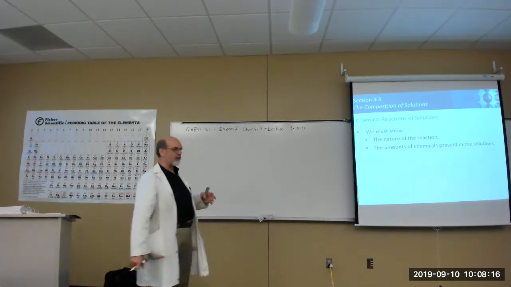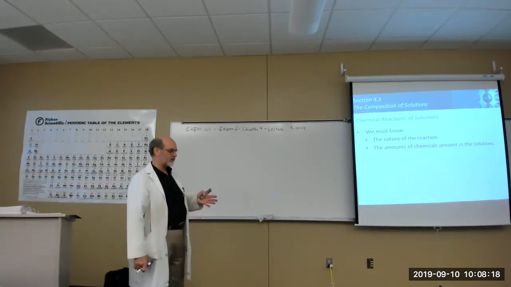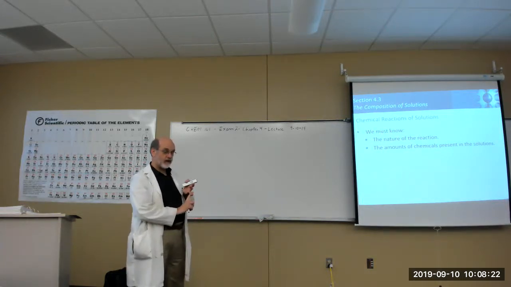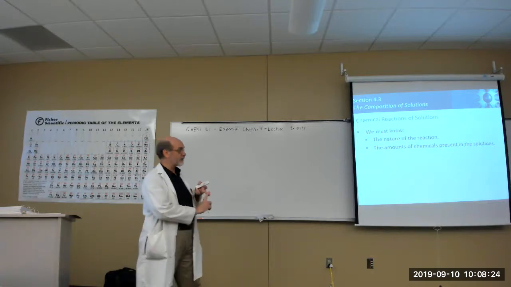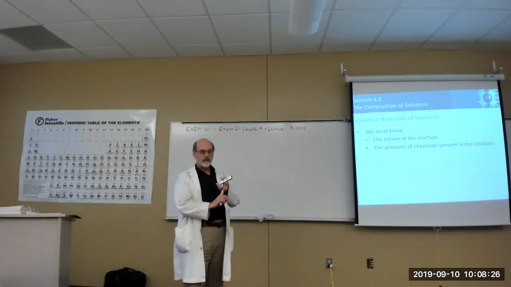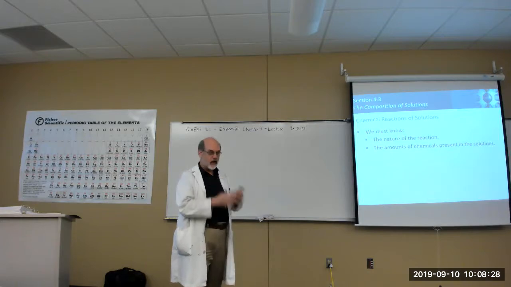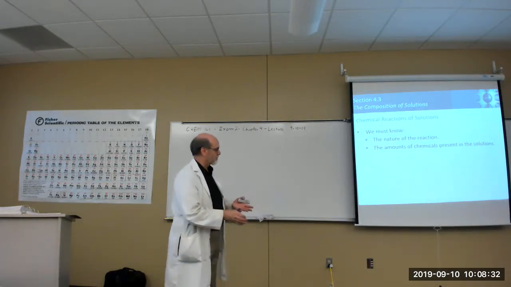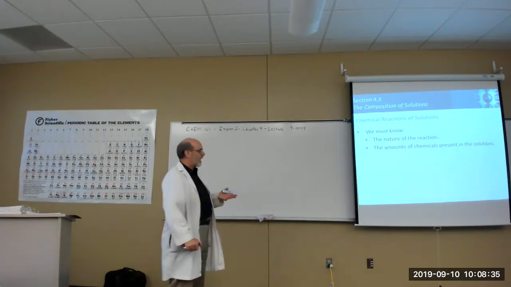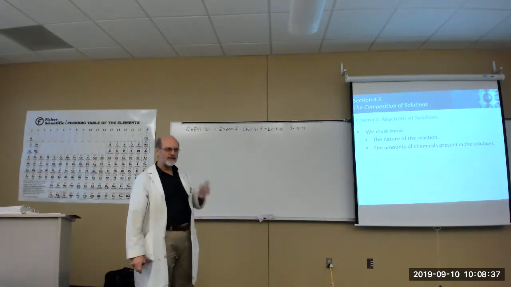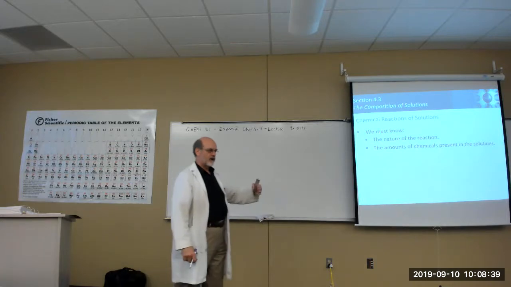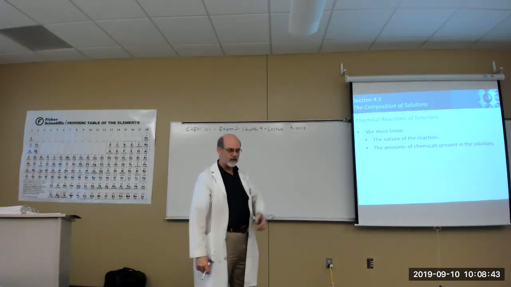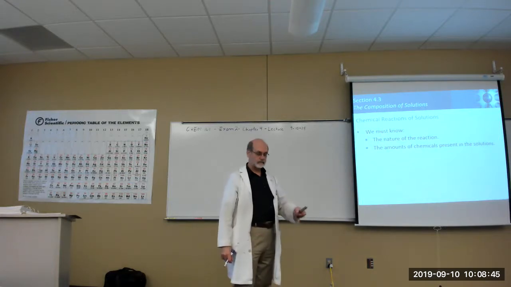So we want to know things about what's the nature of that reaction. In other words, what are the reacting substances? How do they behave with one another? Do they remain in solution? Or do they turn into a solid that's not soluble? We call that a precipitate. And we also want to be able to quantify how much of each substance is in solution before the reaction and after the reaction.